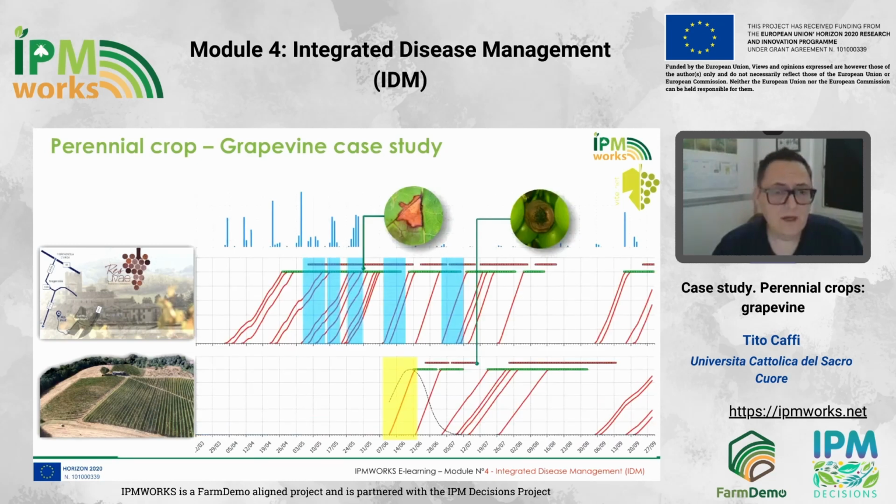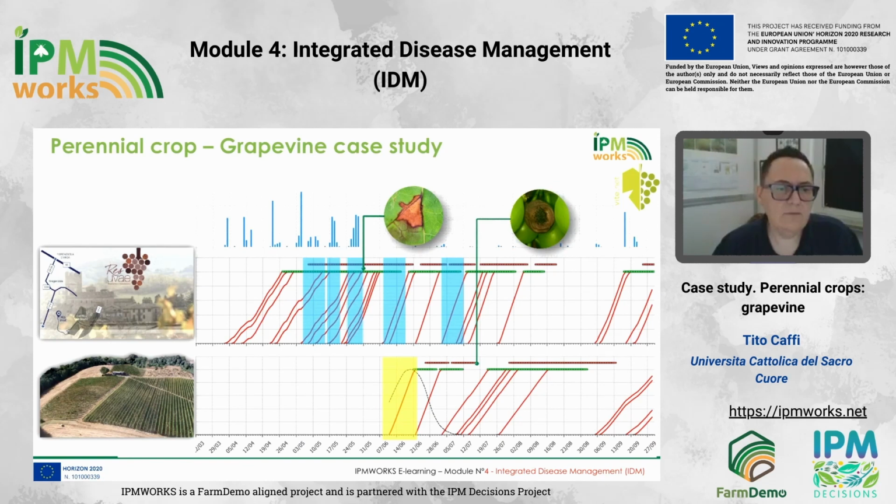As I mentioned, we are using a multiple modeling approach. So in the same vineyard, in the same decision support system, we also have the model for black rot. It is another fungus, Guignardia bidwellii, that is causing infection on both leaves and bunches.